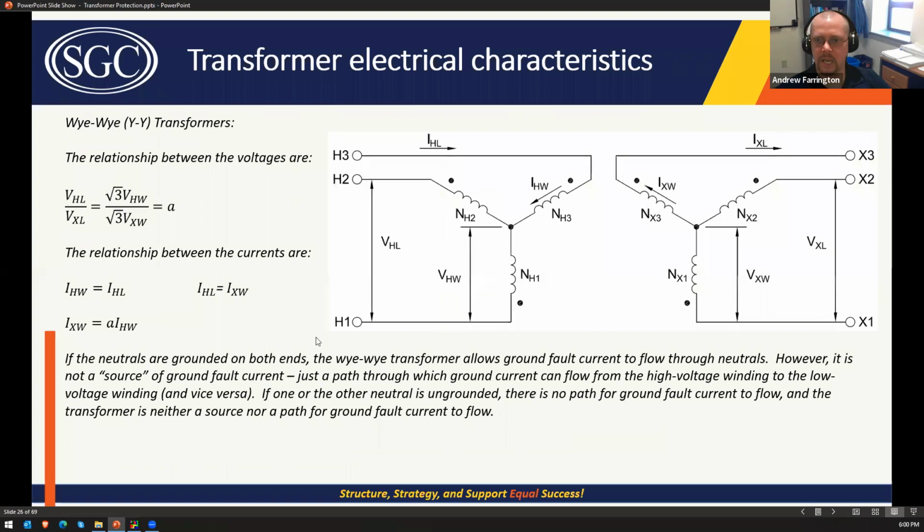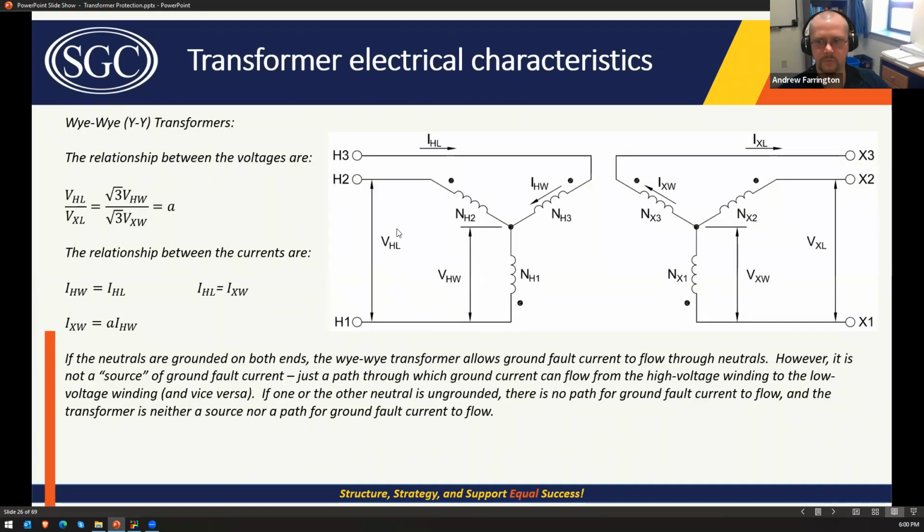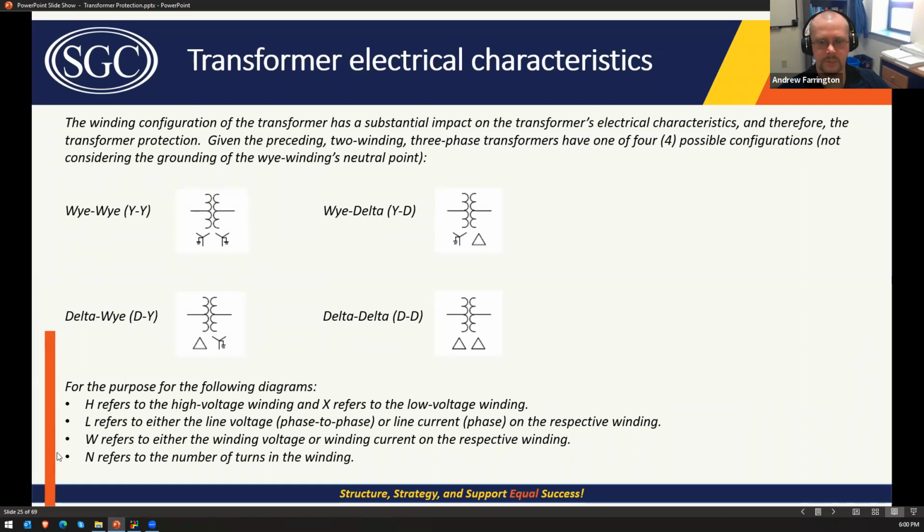I have broken down the voltage and current relationships for each of these 3-phase transformers for the purposes of the diagrams that I did. This defines what the variables mean. H is the high voltage winding, X is the low voltage winding. That's an industry standard.